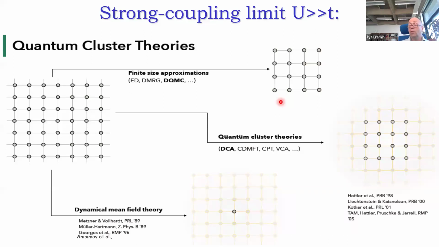But what people also do is use numerical methods, an ideal numerical experiment. They start from a Hubbard model on a square lattice and then try to solve it with various exact techniques, which only allow you to look at finite-size approximations.